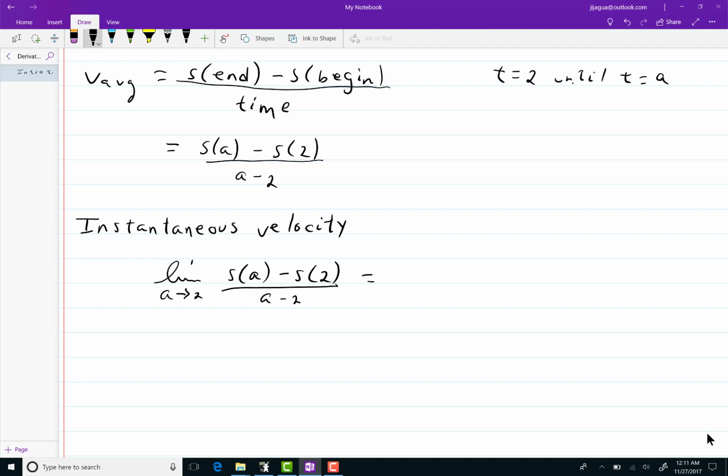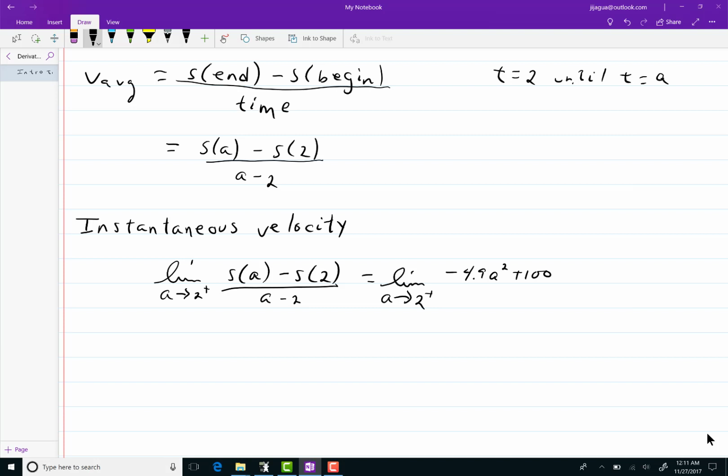This equals the limit as a goes to 2. And since a is always bigger than 2, let me put a plus up here. A is actually approaching 2 from the right. Let me put in what the formula for s of a was. That was negative 4.9 a squared plus 100.